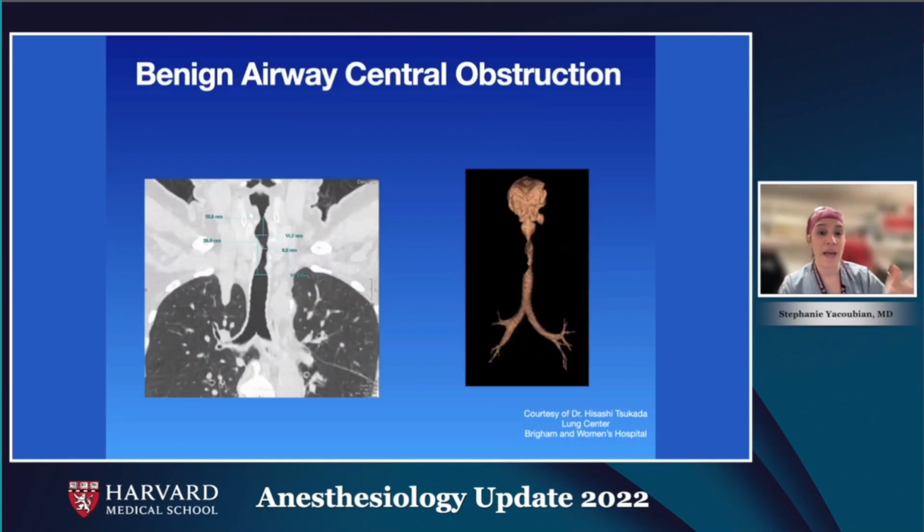When I'm seeing a patient like this or going through their records, I always try to measure the patient's airway diameter. A CT scan, or chest X-ray, preferably CT scan, will show you the smallest airway diameter that the patient has, and based on that, you have to decide what type of airway you want to place.